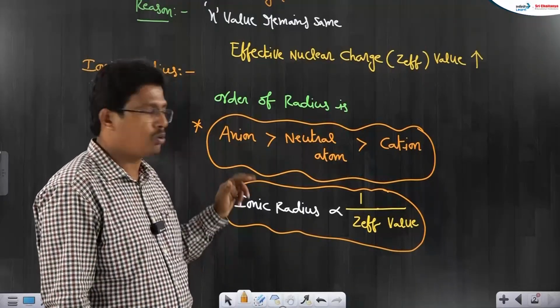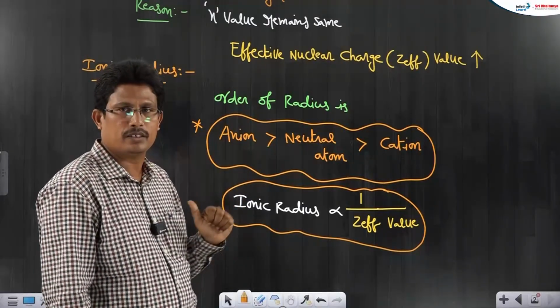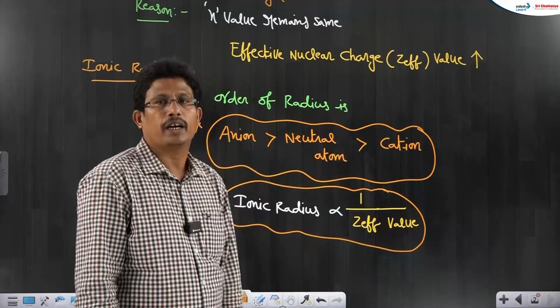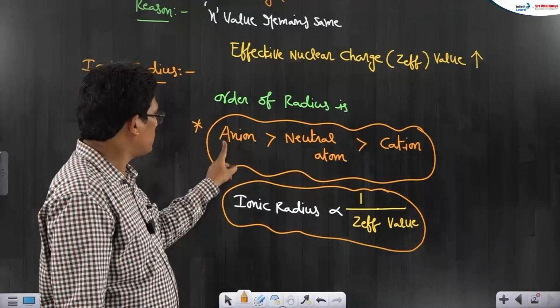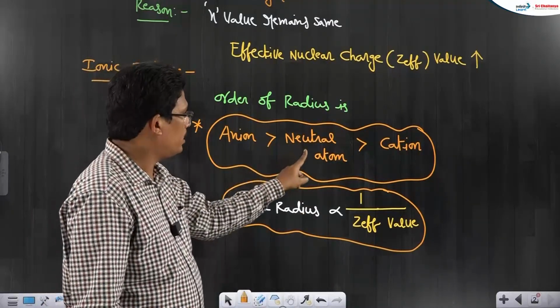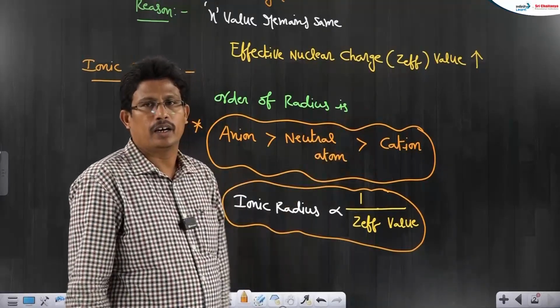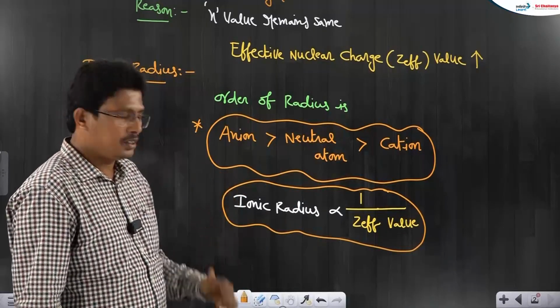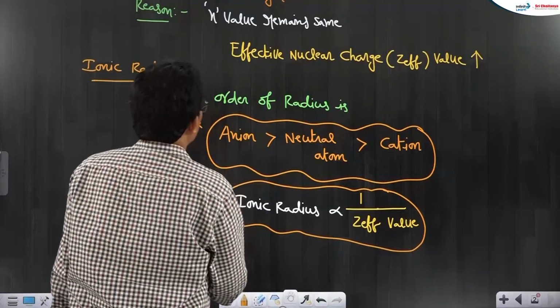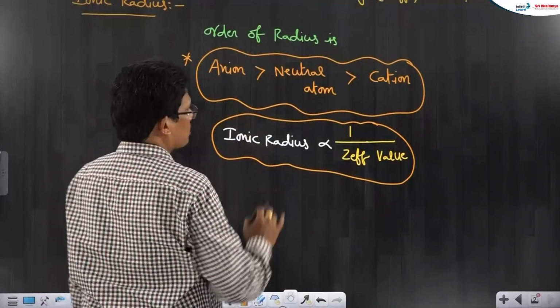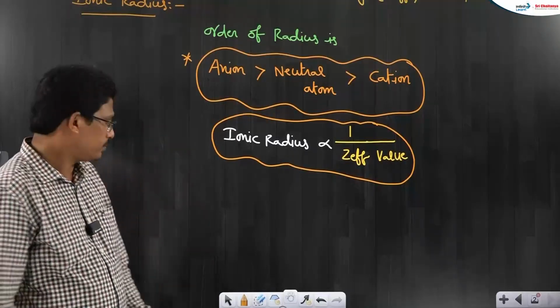So anion has a large radius compared with cation. The order of radius is anion greater than neutral atom greater than cation. It is very important. In the NCERT module also, some questions are given based on this order.